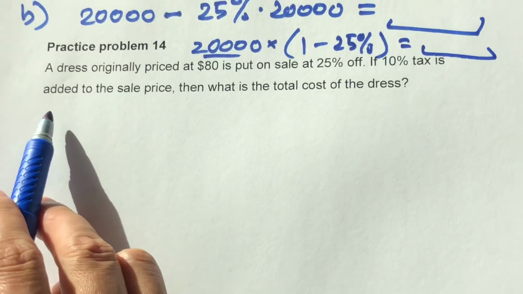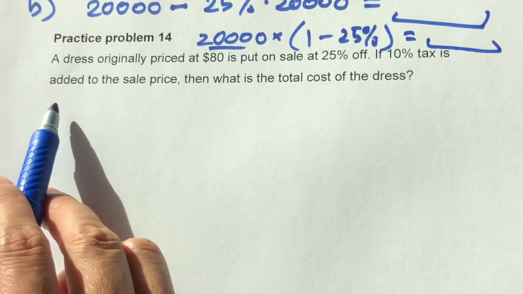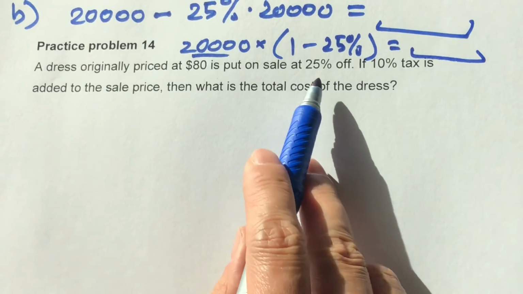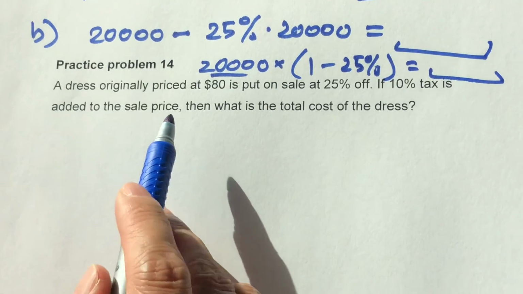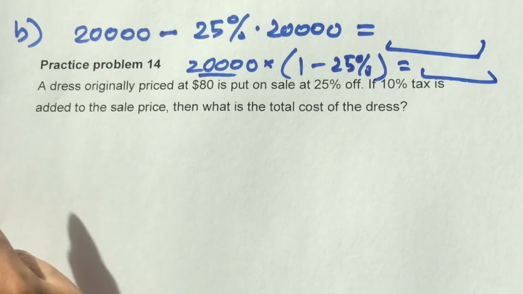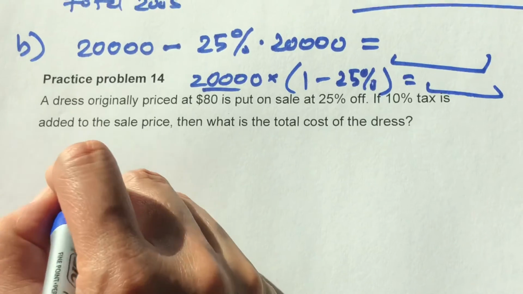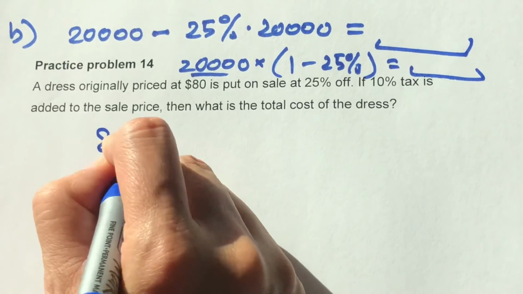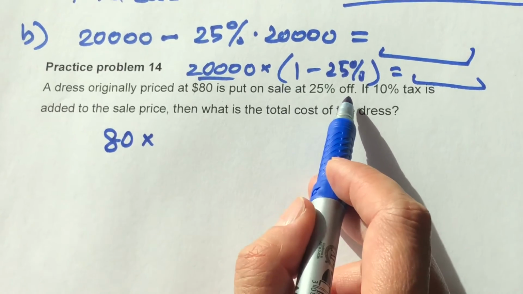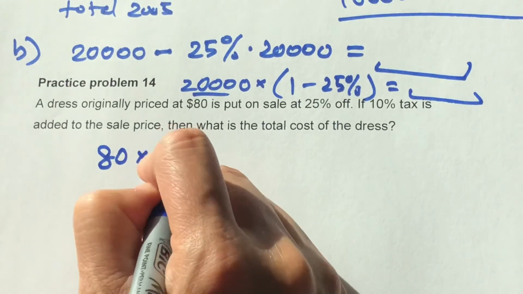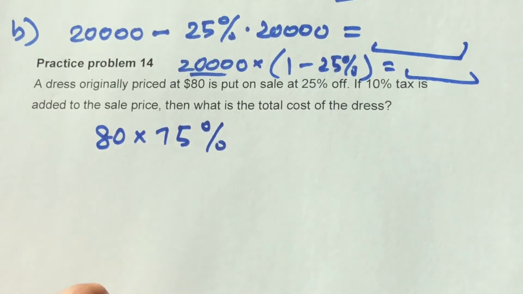14. A dress originally priced at $80 is put on sale at 25% off. If 10% tax is added, this is very similar to what we had earlier. So $80, sorry, 25% off, which means you pay for 75%. This is the price.